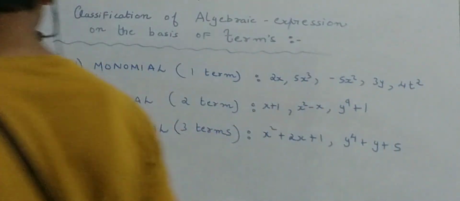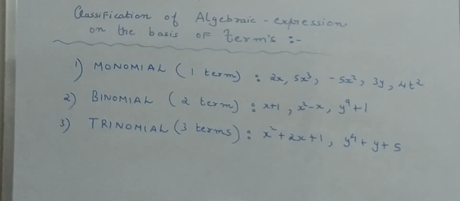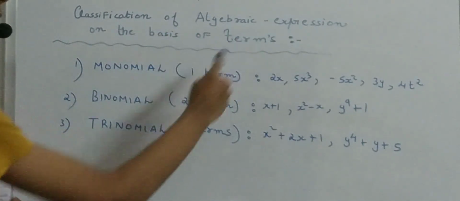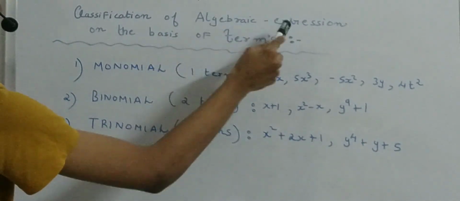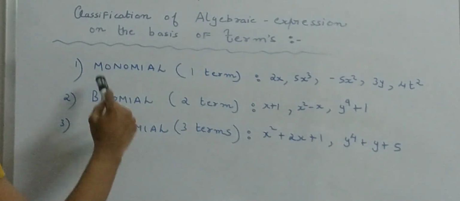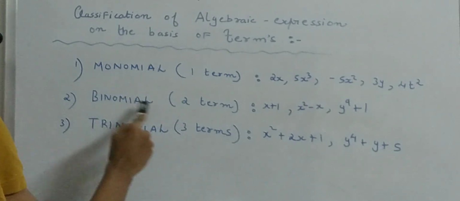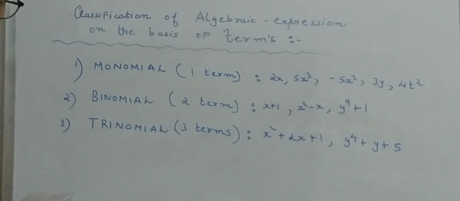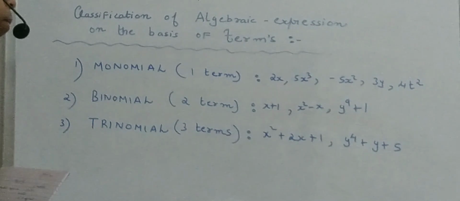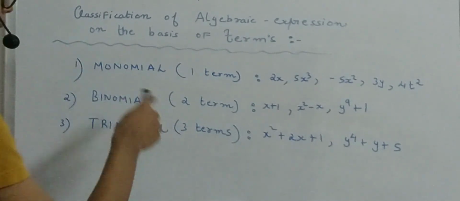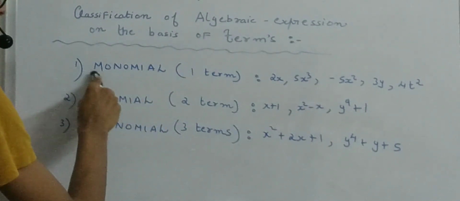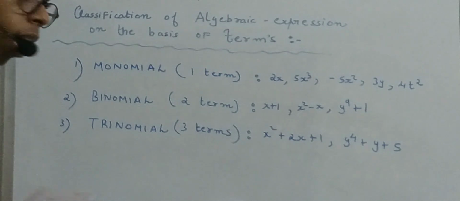Now let's learn about the classification of algebraic expressions on the basis of the number of terms. On the basis of the number of terms, algebraic expressions can be classified into monomial, binomial and trinomial. Now, what do you mean by a monomial? The word mono means one.